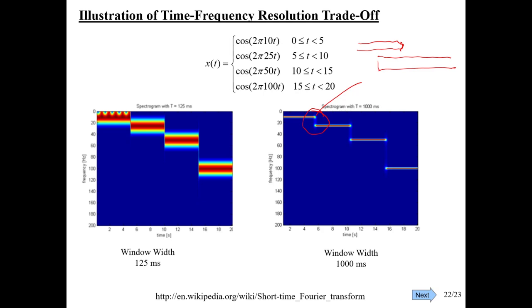So when I'm computing things in this region, I'm getting both sinusoids, one at the beginning of my window and one at the end of my window, and I get both of those in my FFT. So there's some time uncertainty in this case. And in fact, if we just had a single sinusoid that turned on and then turned off, we would see that there is some uncertainty as to where that starts and stops.